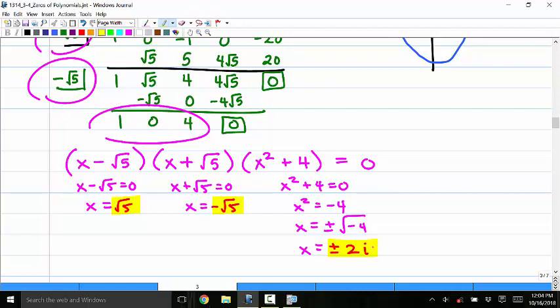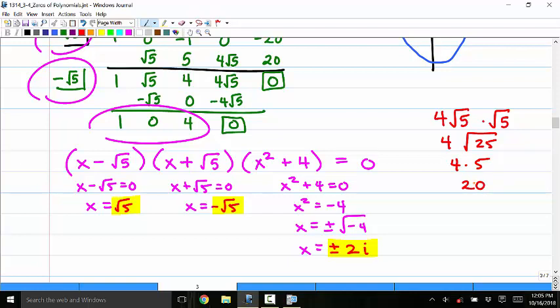Question: could you explain how 4 root 5 times root 5 is 20? Yep. Do you see that that's 4 times root 25? Root 5 times root 5 is root 25. What is root 25? What is 4 times 5?